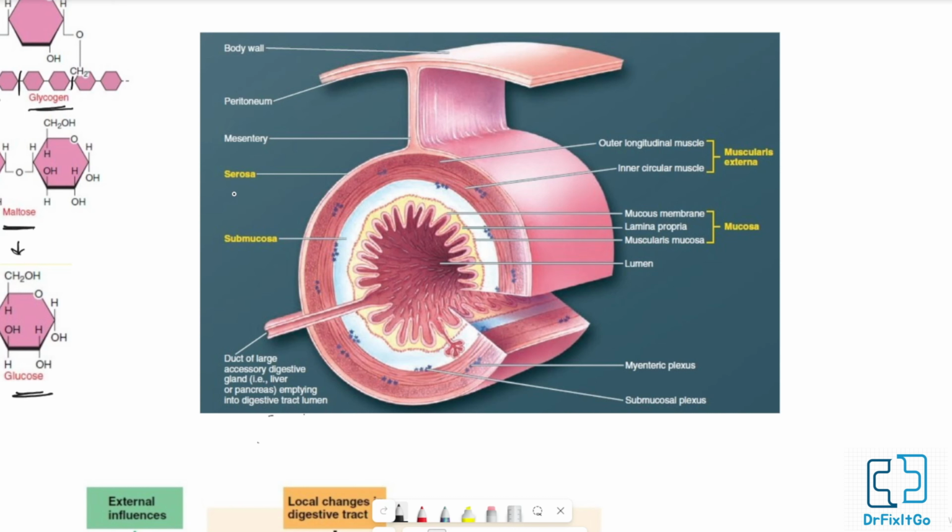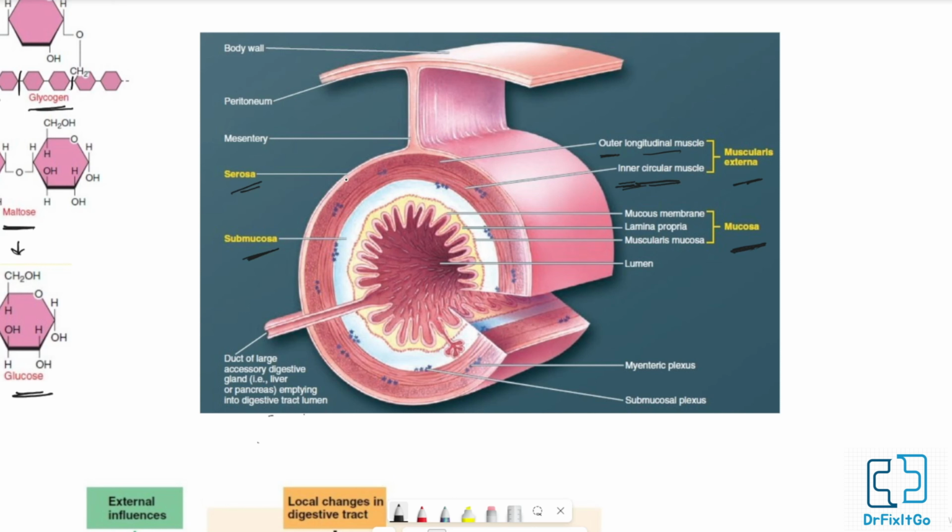The serous layer or serosa, the muscular layer consisting of two: the outer layer is the longitudinal smooth muscle layer and the inner layer is the circular smooth muscle layer. The submucous layer or submucosa and the mucous layer or mucosa. The mucous layer is divided into three: mucous membrane, lamina propria and muscularis mucosa.